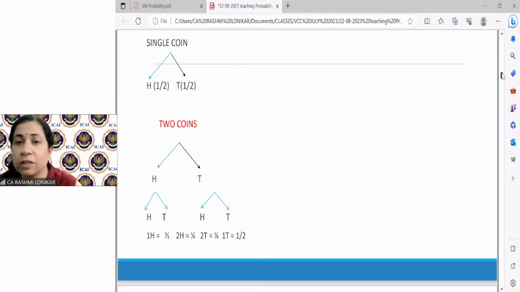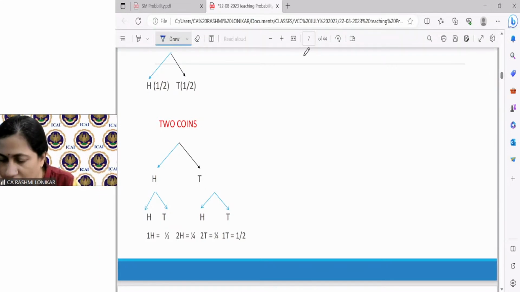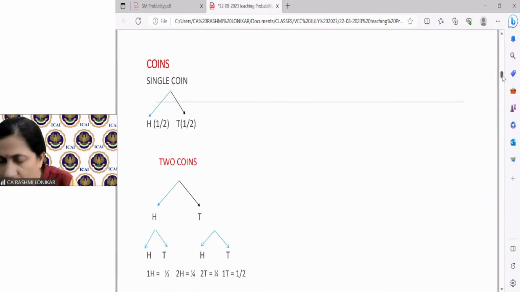Now let us talk about the coin in detail. See what happens. I have a single coin. Either I can get a head or a tail.